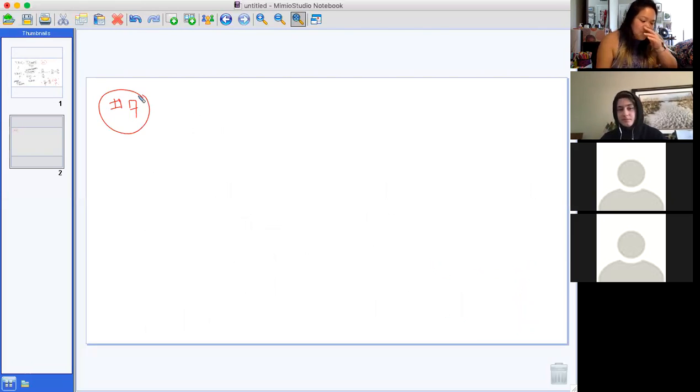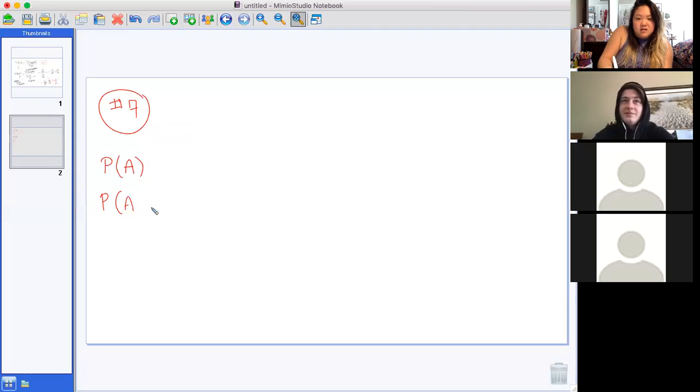So this is the problem where a family that has two children is selected at random, and we want to find the probability that both children are boys, given that there is a boy in this family. So I want to figure out what P of A is, P of A and B is, in order for me to figure out the probability of B given A, right?